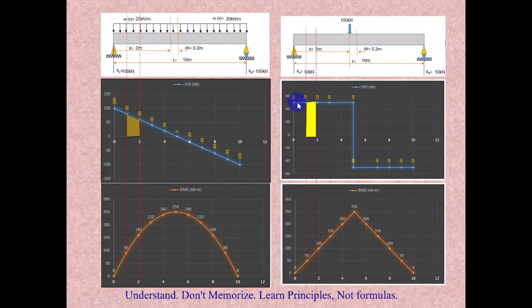There is no difference in shear force, and there is no loading between these sections. That is the relationship between all three: load diagram, shear force diagram, and bending moment diagram.